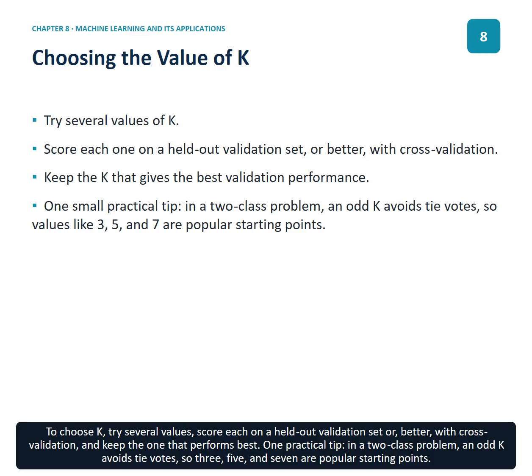To choose K, try several values, score each on a held-out validation set, or better, with cross-validation, and keep the one that performs best. One practical tip. In a two-class problem, an odd K avoids tie votes, so 3, 5, and 7 are popular starting points.